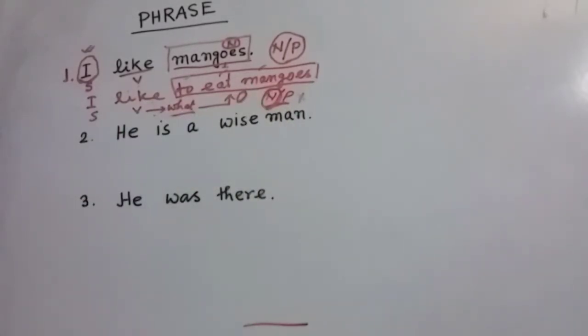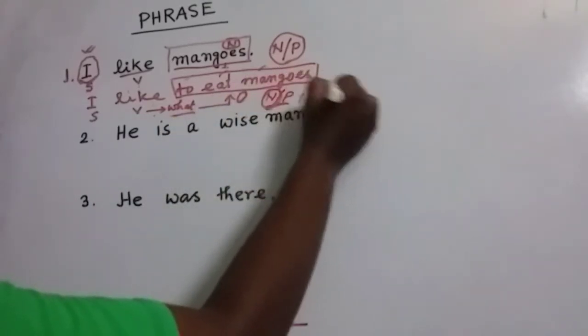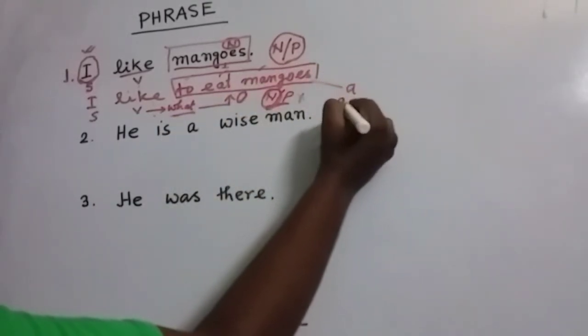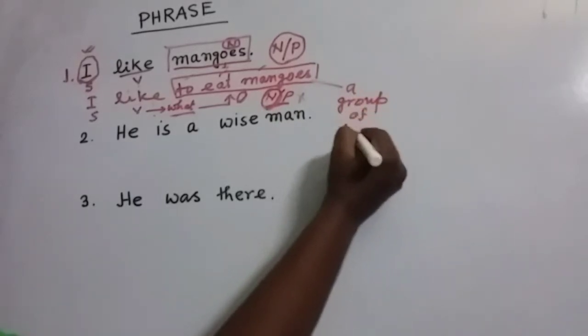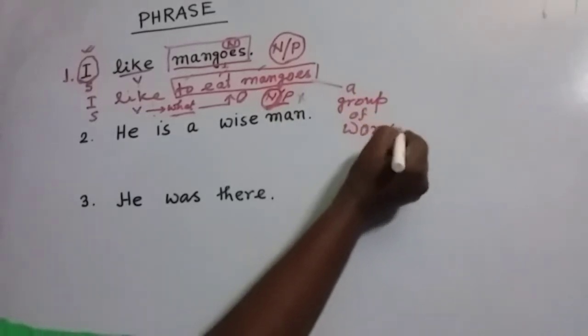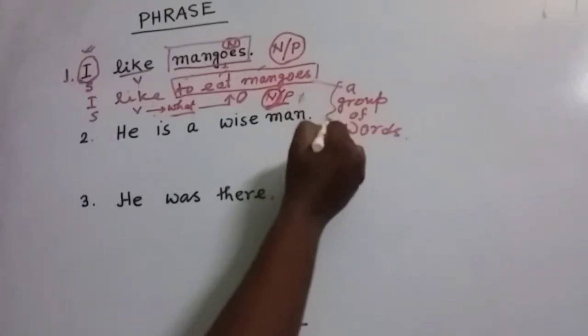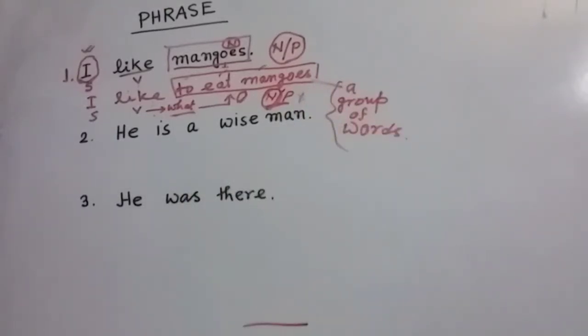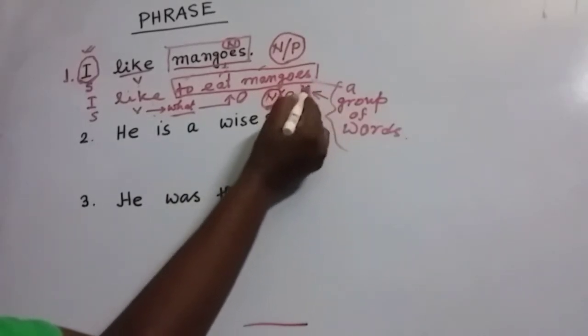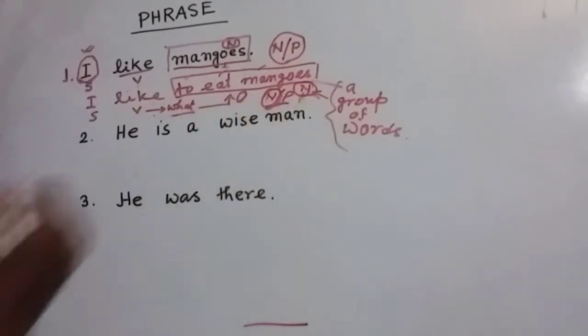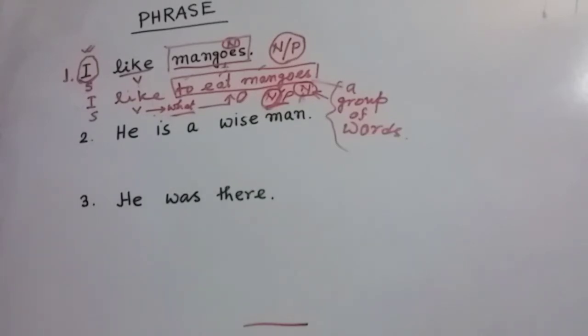So there are three separate words. So it's a group of words. This is a group of words, and here it is acting like a noun.